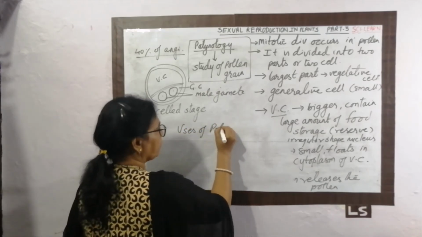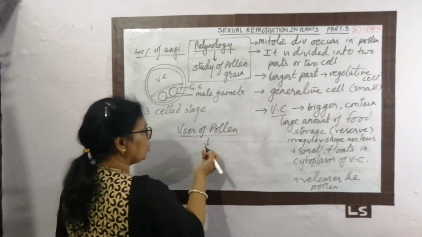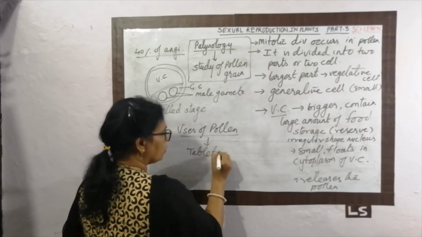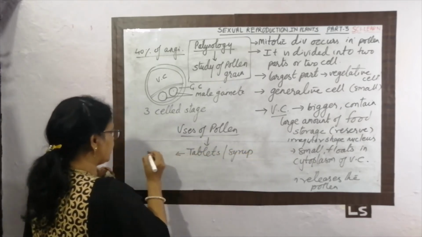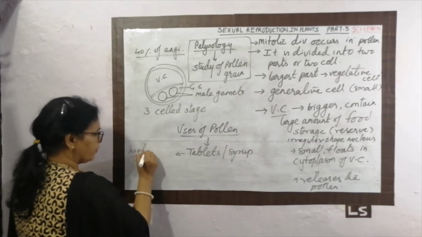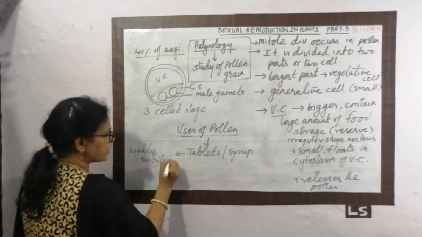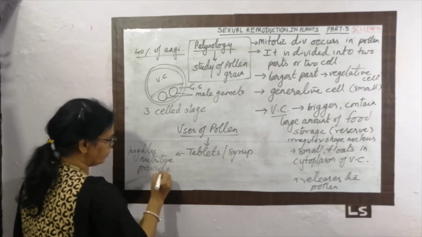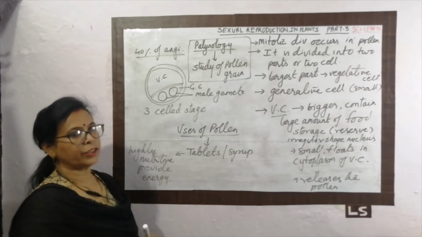Pollen is used by hard-working persons in the form of tablets or syrup, as it provides energy. Highly nutritive. It provides energy. So it is used as a food also.